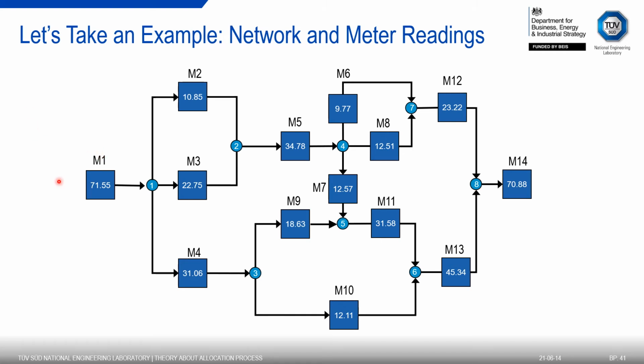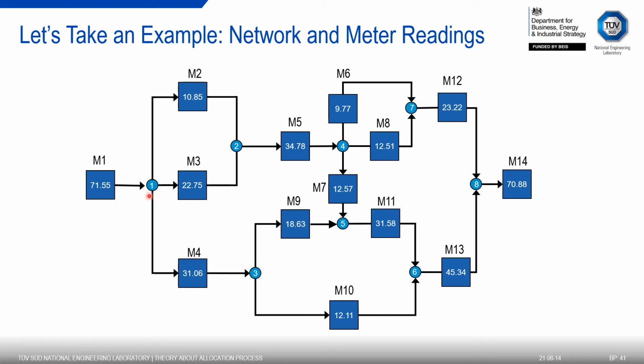We have a flow meter on the left side, which is the inlet of our network, and we have the flow meter 14 on the right side, which is the outlet of our network. And you can see multiple flow meters in the middle. You have 12 of them in the middle, and you have different nodes.